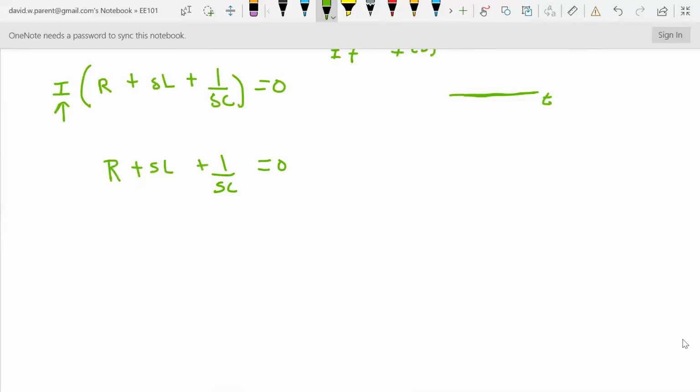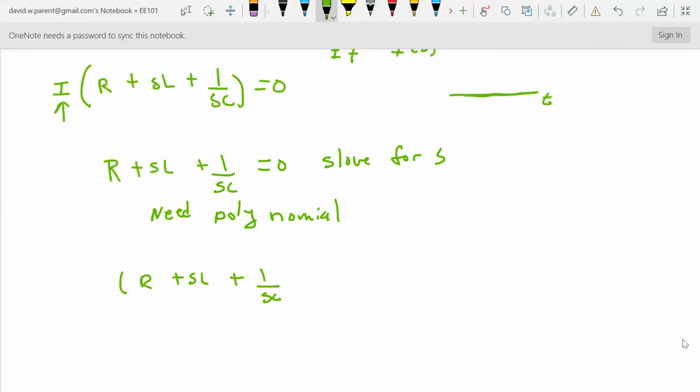Then solve for S. Now to make that happen, we need to use a quadratic, and we need it in a real polynomial format. So having this divided by S doesn't work.